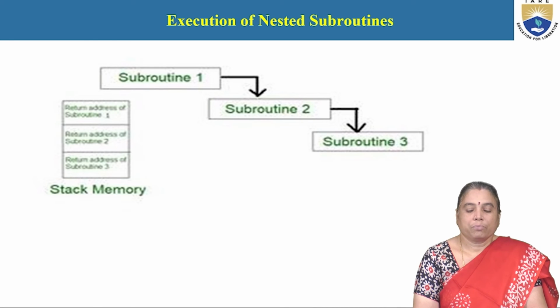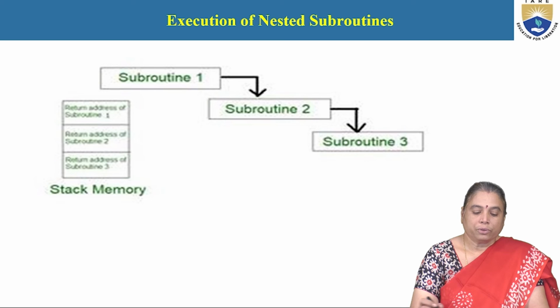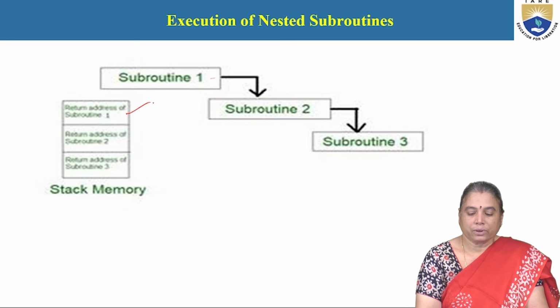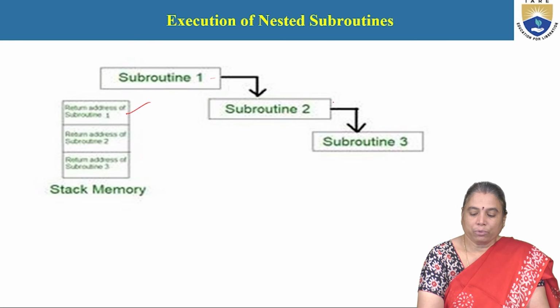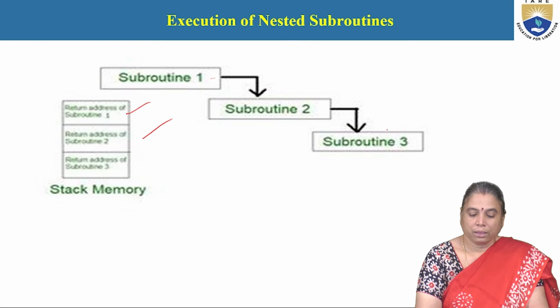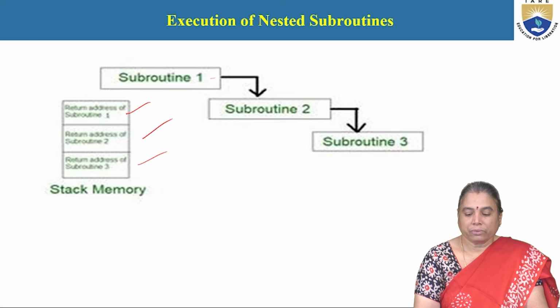How can the nested subroutines be called? So here subroutine 1 calls subroutine 2. So here the return address of subroutine 1 can be saved in the stack. Whenever subroutine 2 calls subroutine 3, the return address of subroutine 2 can be moved to the stack. And the return address of subroutine 3 can be pushed to the stack.